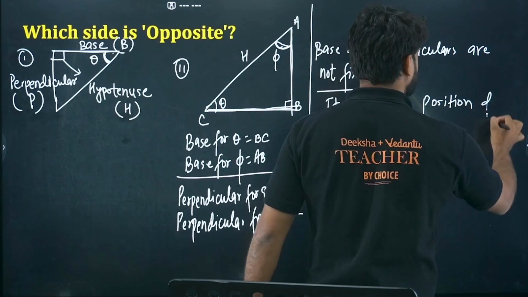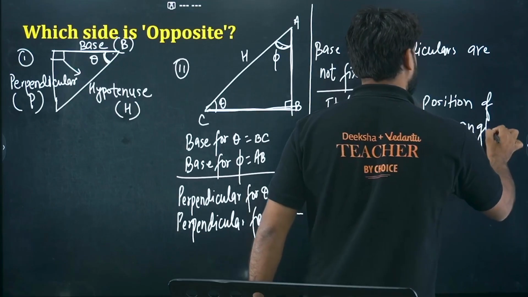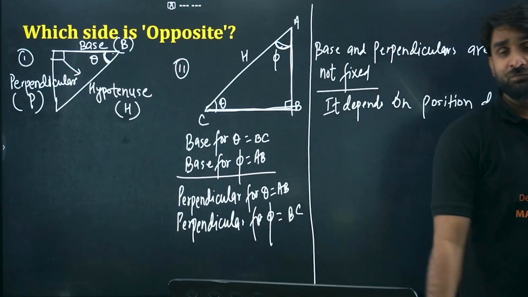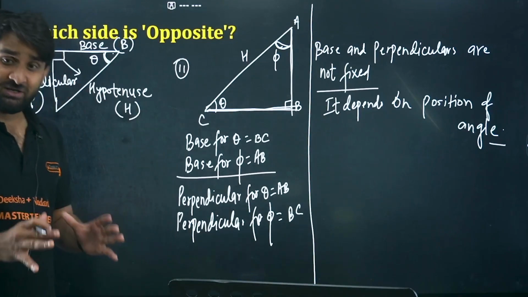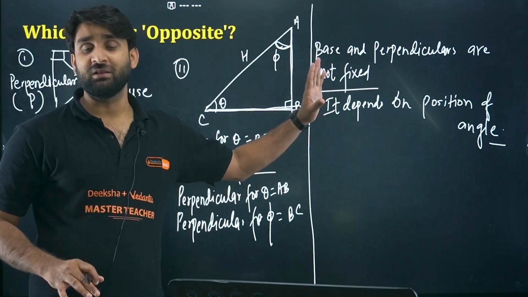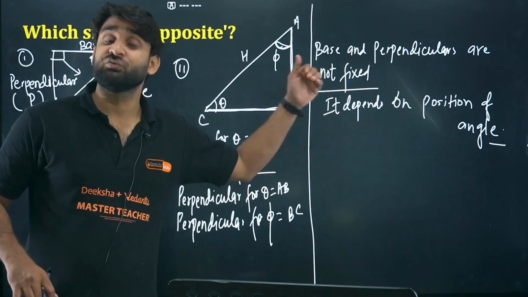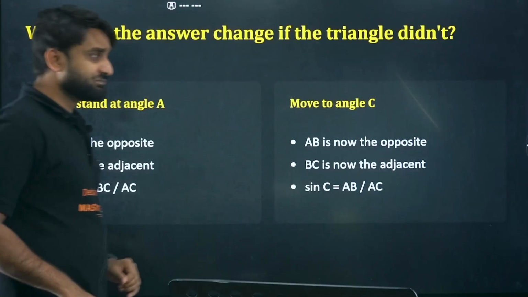I hope this is clear to you all, right? So the position of base and position of perpendicular is not fixed. It depends on the position of angle, the angle which we are dealing with. Okay, moving ahead.